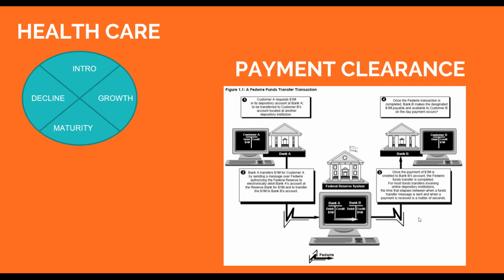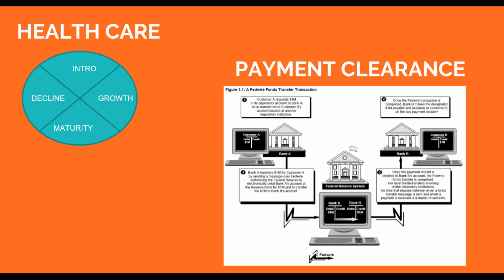This all happens through Swift messaging, which is a specific code of structured messages transferred electronically to the Federal Reserve System or the whole banking sector. So at the third step, what exactly happens?